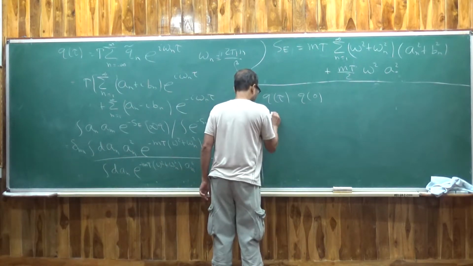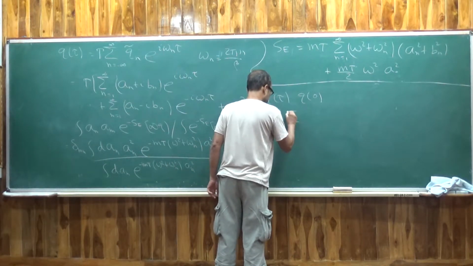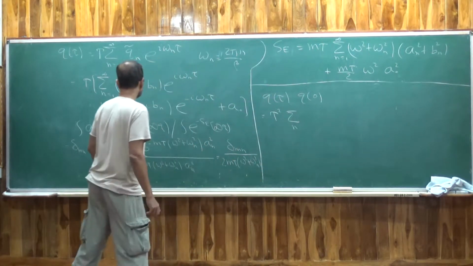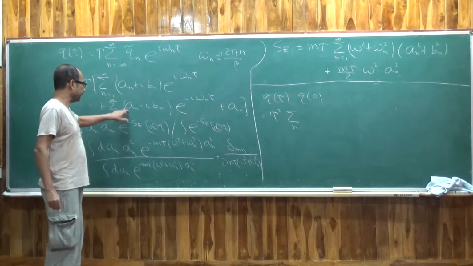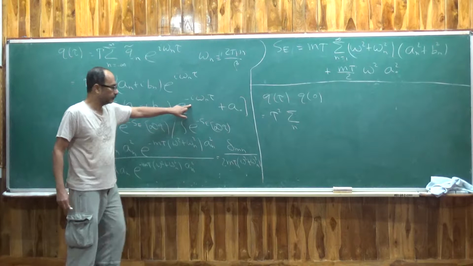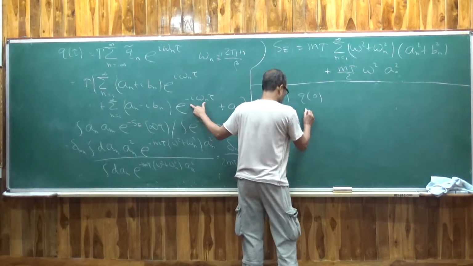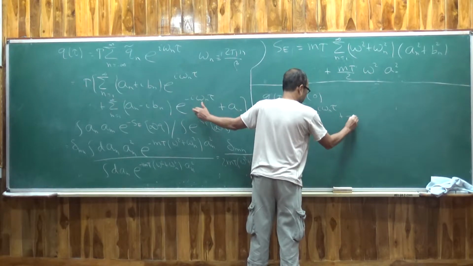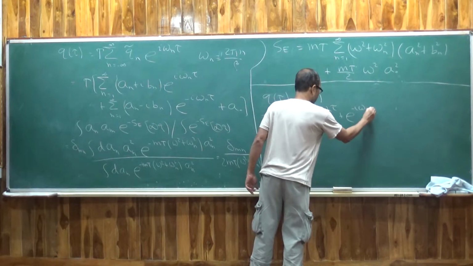So that is a t square, sum over n. Let's look at the coefficient of an. It's e to the i omega n tau plus e to the minus i omega n tau.